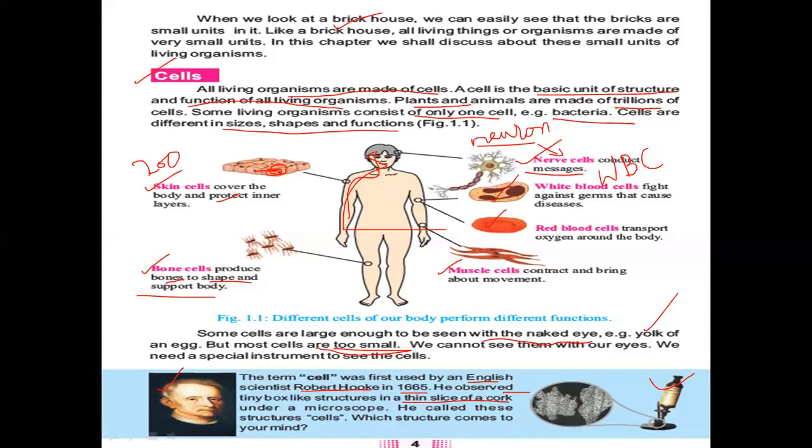Cork is actually made up of wood, so he saw some plant cells in there. This type of microscope is very primitive, a very old microscope. In the start, scientists made this type of microscope, and now there are lots of types of microscopes and they are modified. Robert was the one who gave the name cell to these structures.